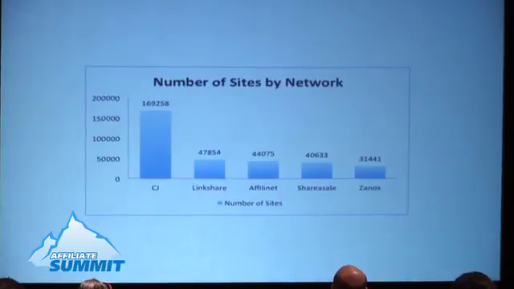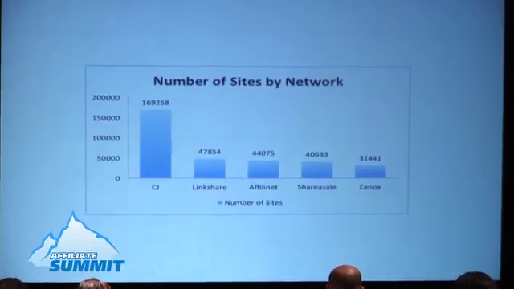But if you take the number of sites that are part of each network and start breaking it down by category, this might be a little bit of an eye chart. So what I've done here is taken the networks, looking at a few specific categories like arts and entertainment, music and audio, travel, tourism. You start to see that some networks have a much higher presence in some of these spaces.